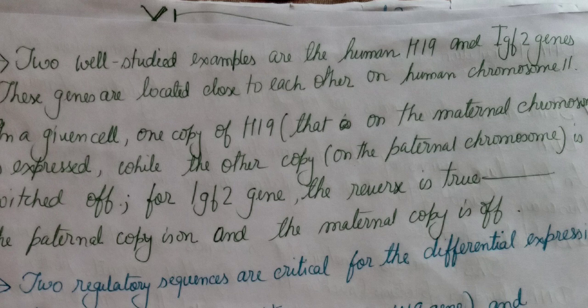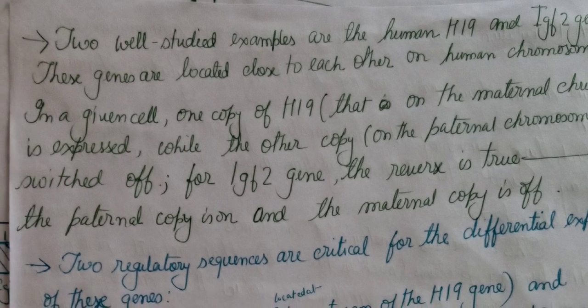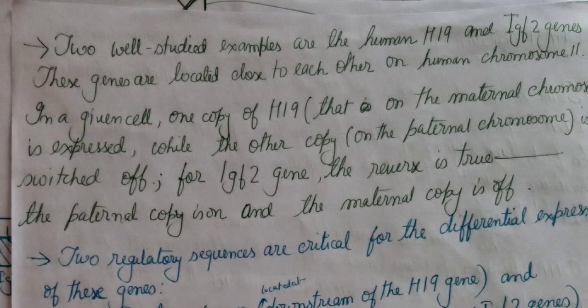Both the IGF2 gene and H19 gene are located on human chromosome number 11, and a very good example to show genomic imprinting is the H19 and IGF2 gene. I will go to the figure in the next page.